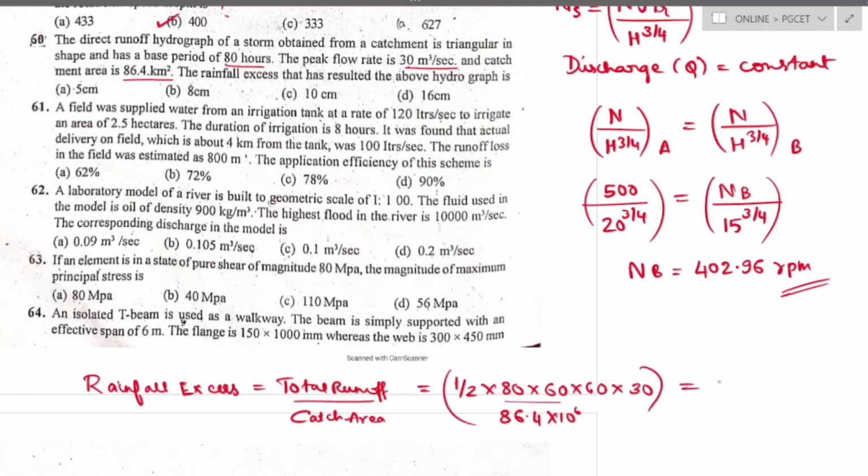So rainfall excess will be around 0.05 meter, that is 5 centimeter. So option A will be the right answer.